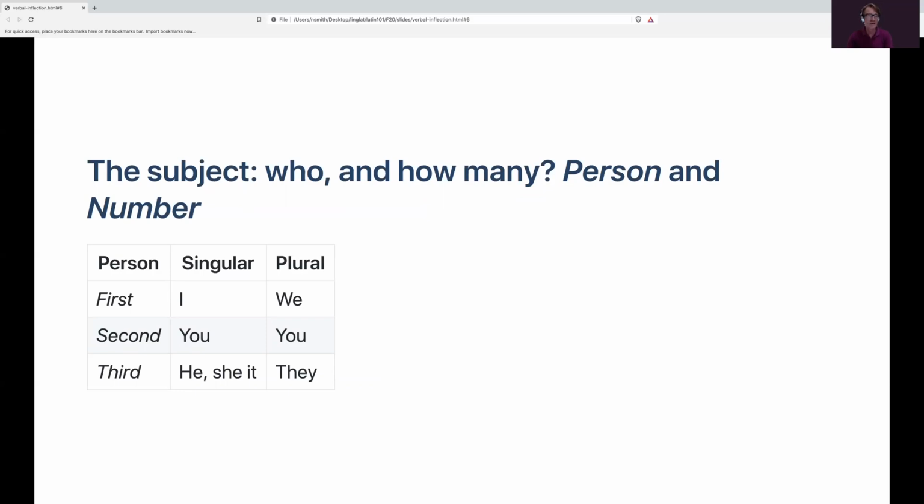Second person is referring to who is being addressed, who is being spoken to, so you. And English no longer distinguishes singular and plural for the second person, you, but Latin does. And the third person, he or she or it in the singular, and they in the plural.